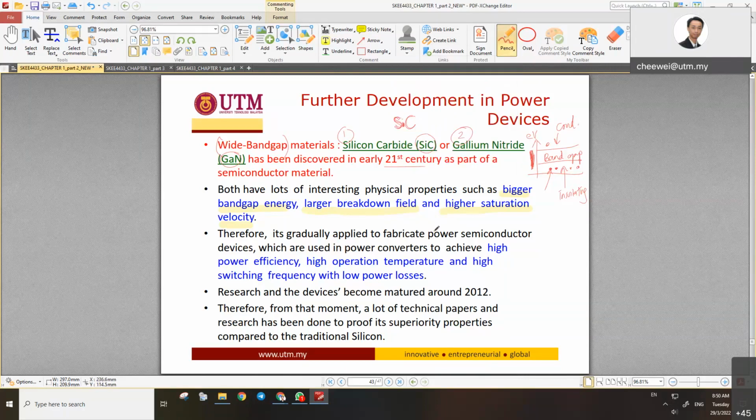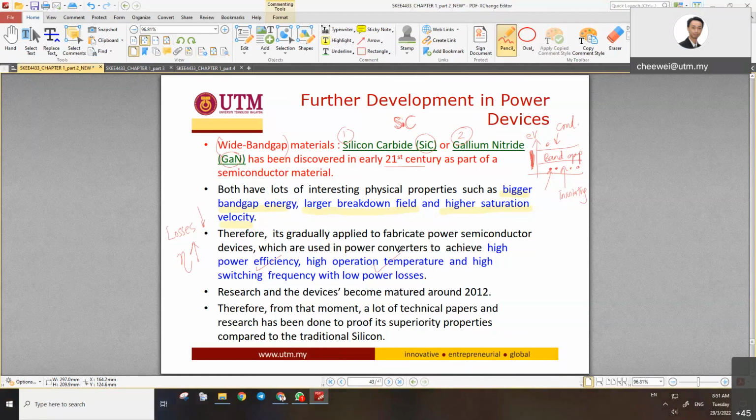They have high power efficiency. Efficiency is good, meaning what? If efficiency is good, then power loss is minimal, very small. Okay, we want that. It can operate in high temperature conditions. You see that many of our electronic devices today, we put under the sun.